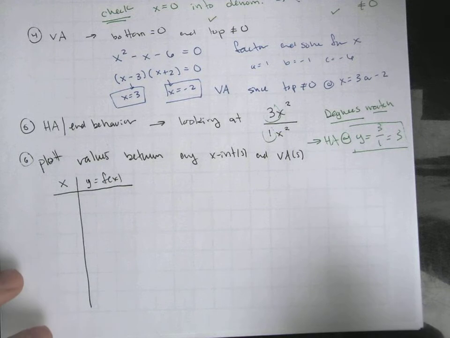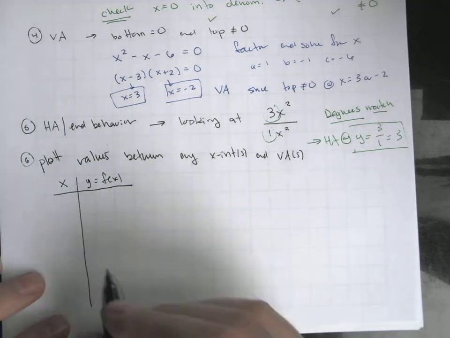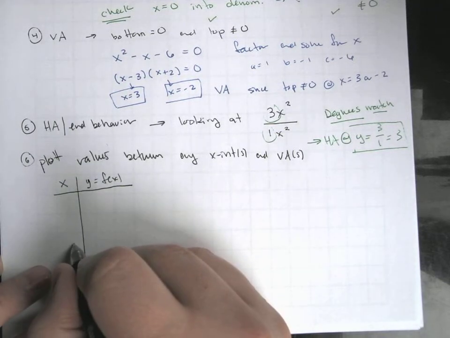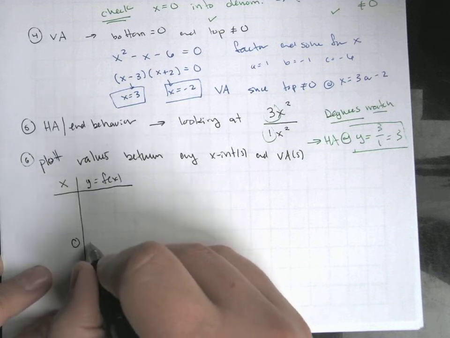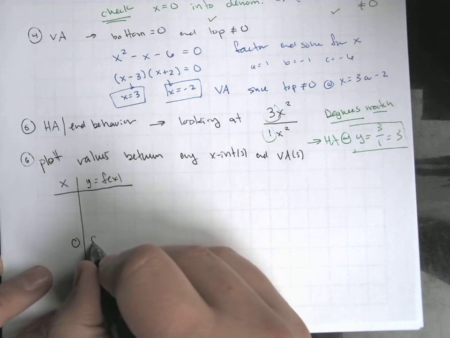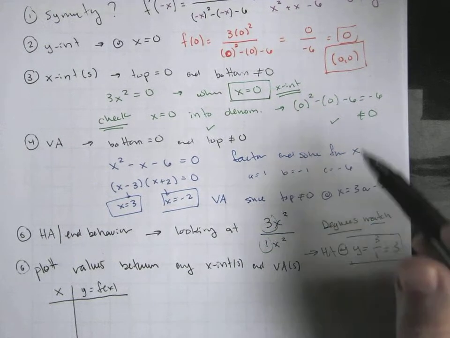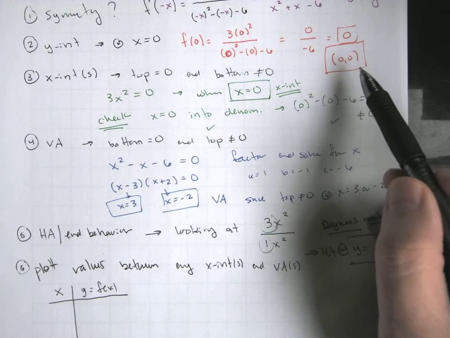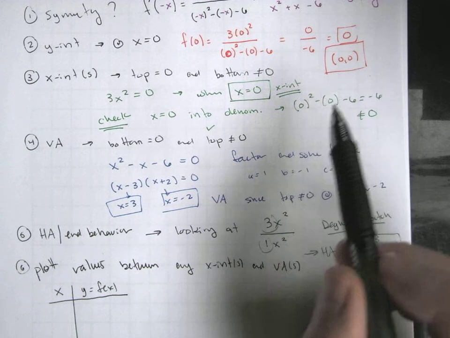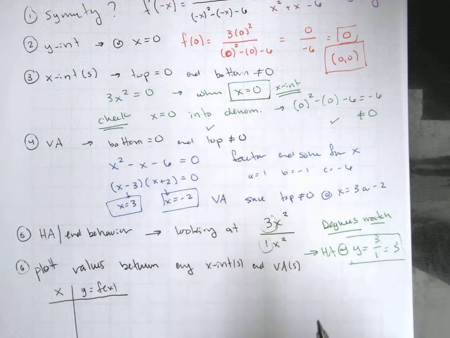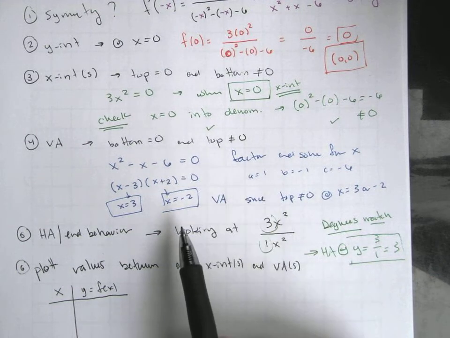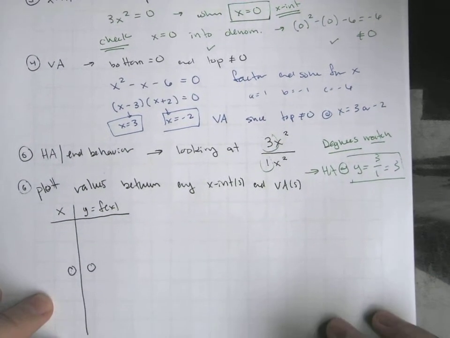So the x-intercept happened at 0. So we know we have 0 in here. It's also the y-intercept, 0, 0. It's one of our points, 0, 0. That's our only x-intercept. Our 2 vertical asymptotes, so minus 2 and positive 3.